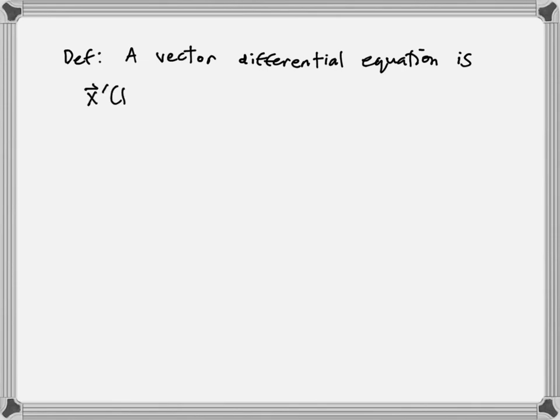So definition. A vector differential equation is something that looks like this, okay?